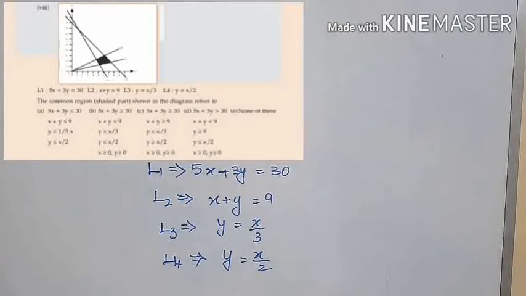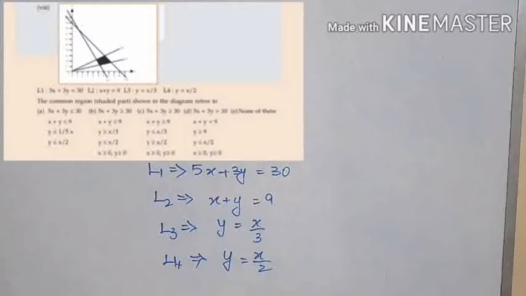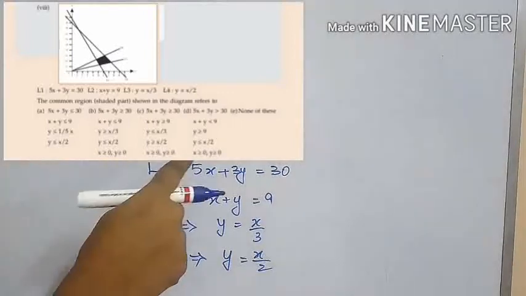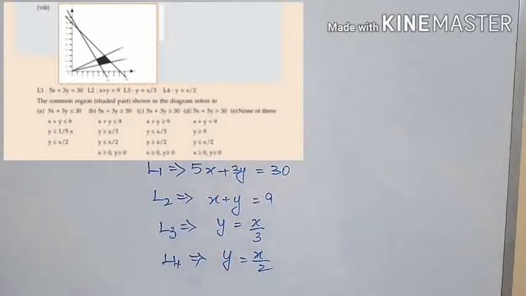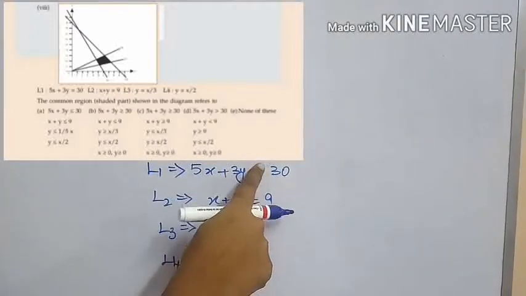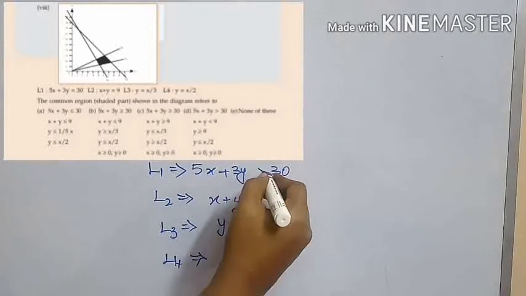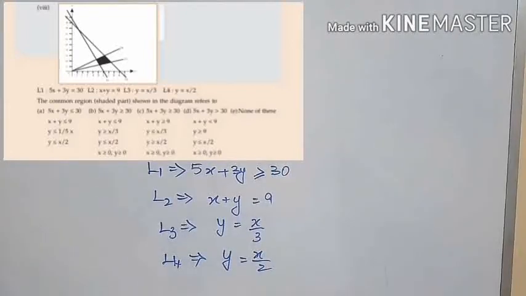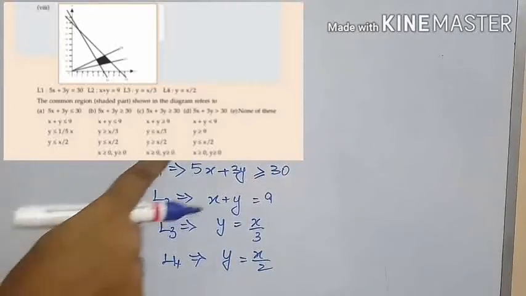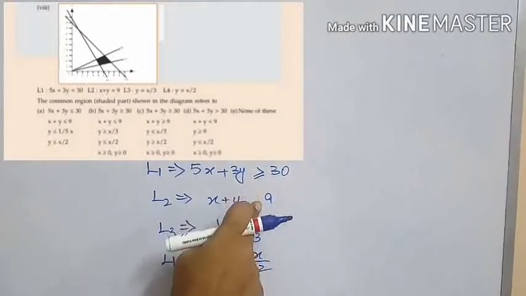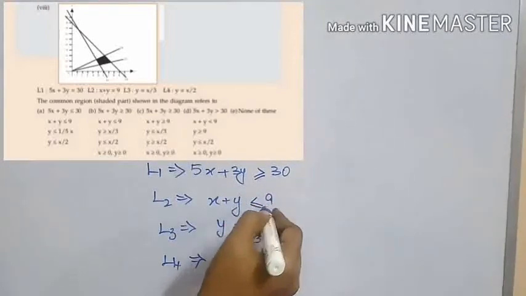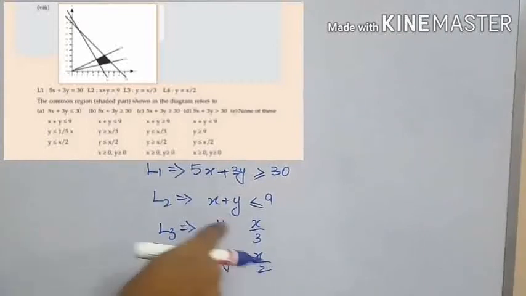The next question we have is, here the graphical representation of 4 lines L1, L2, L3 and L4 are given. The common region shown in the diagram refers to. Here let us discuss line by line. The first line L1 contains all the points opposite to the origin. Therefore, the inequality should be greater than or equal to. In line equation L2, we have all the points towards the origin.